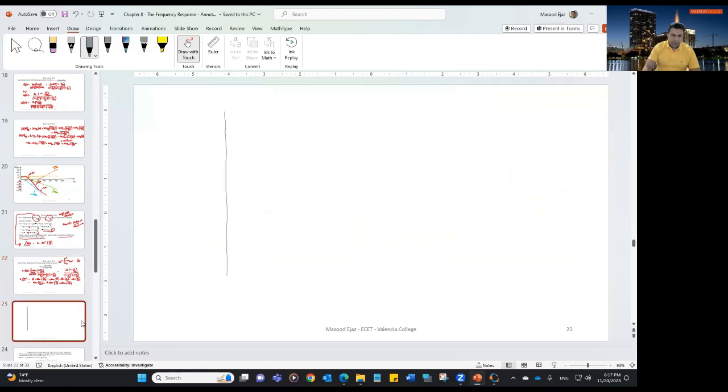So what I'm going to do, I'm going to go ahead and create the axis like this. Phase of j omega. And I'm going to do 45 and 90, 45, 90, 135, 180, and so on and so forth.